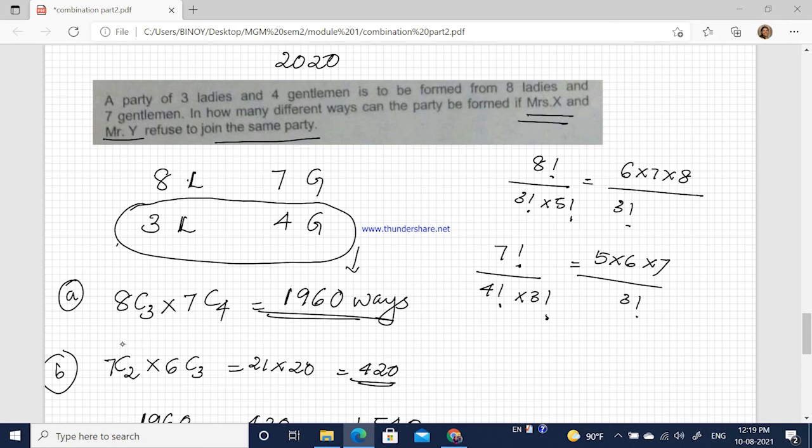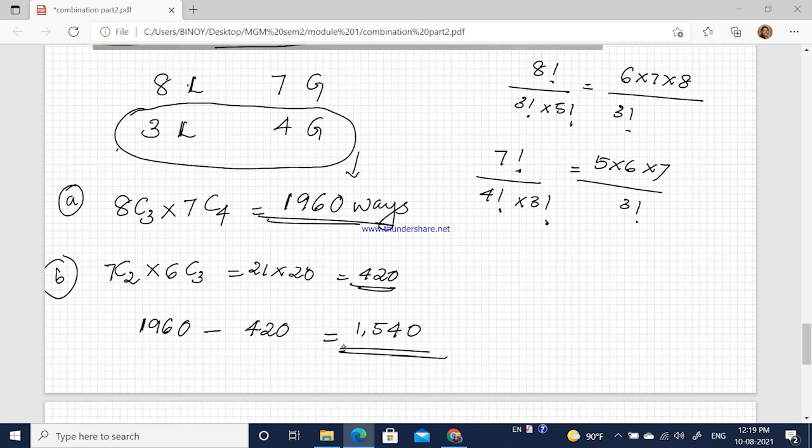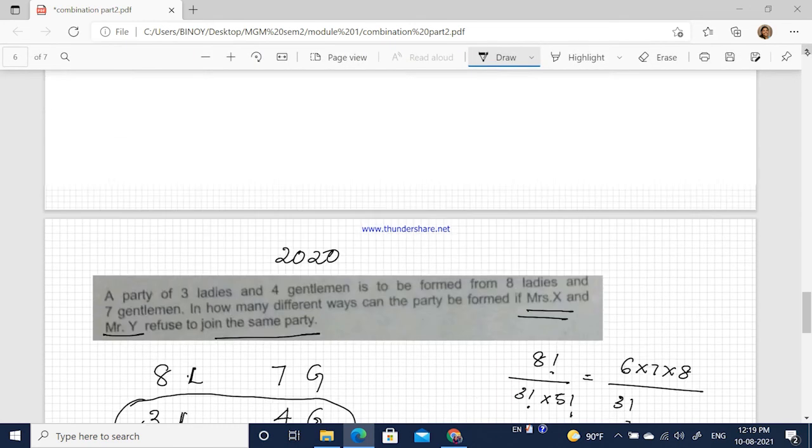So we have excluded X and Y over here. So we get 420. From 1960 we need to subtract 420, so we'll get 1540 ways. This is how you need to tackle the question. So that's the end of module 1.